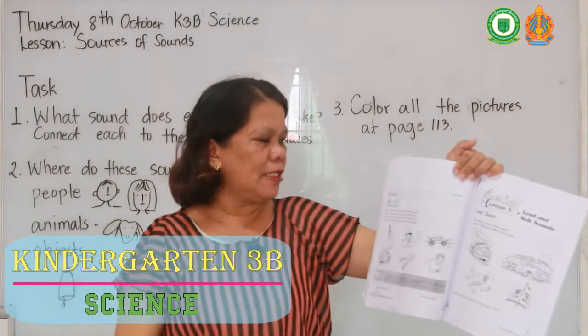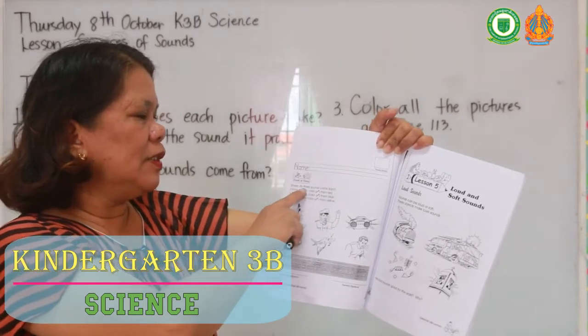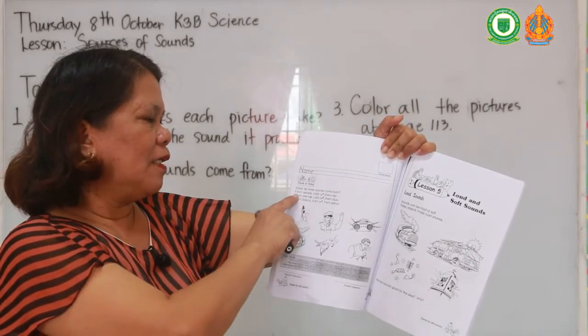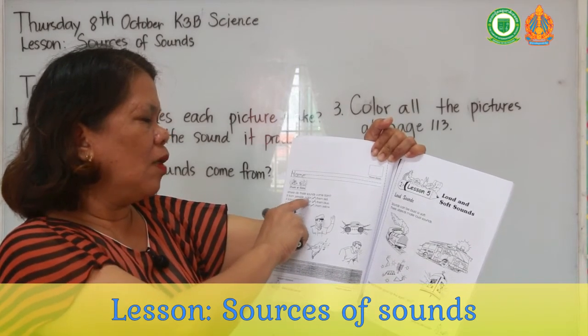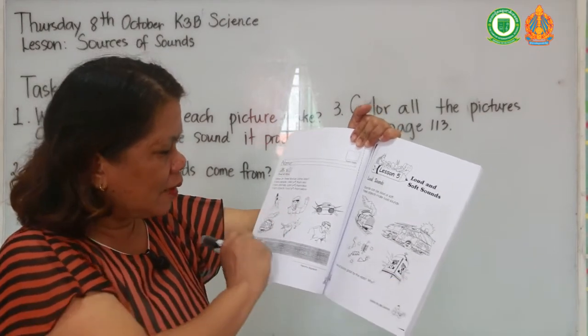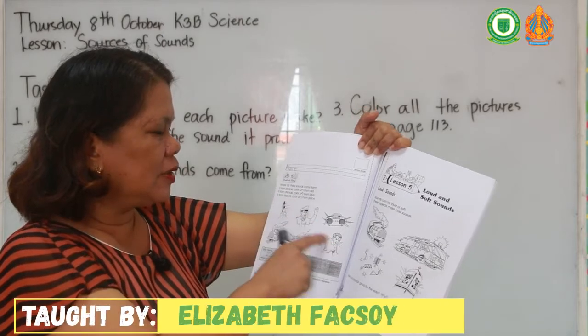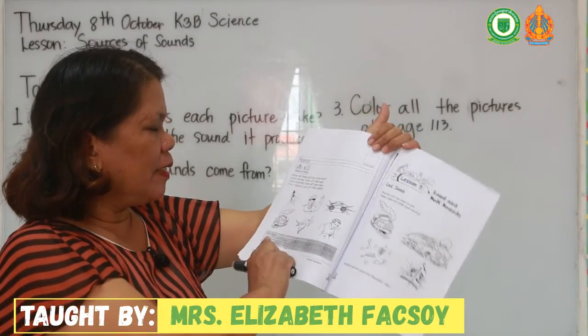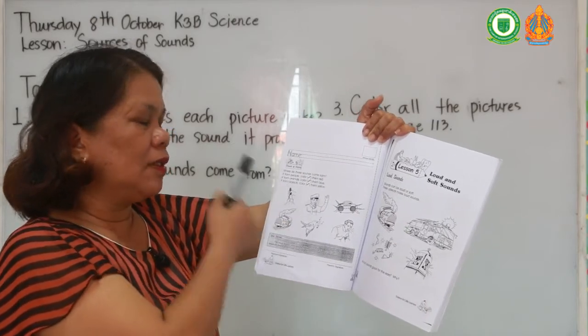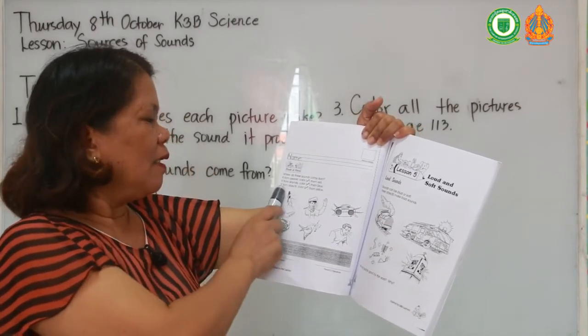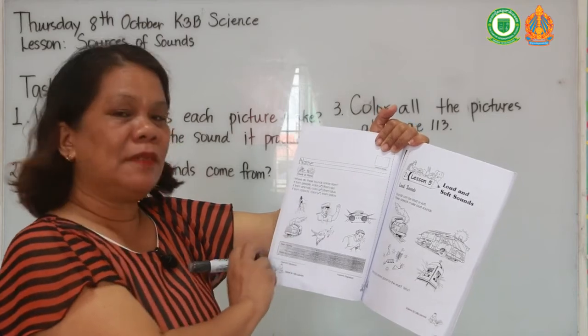The instruction here is, where do these sounds come from? If from people, you are going to color red. There are only two people here, 1, 2, so you color them red. If from animals, you color them blue.